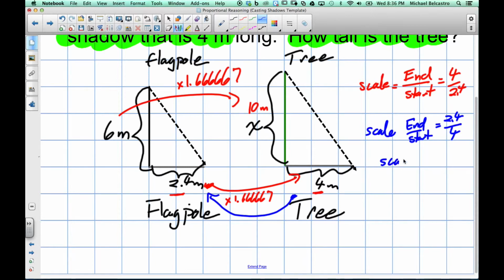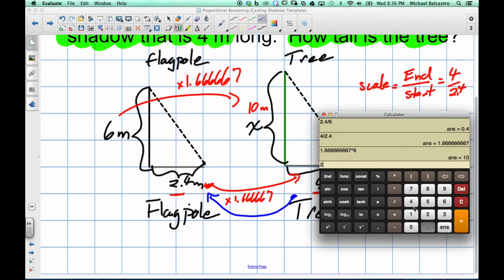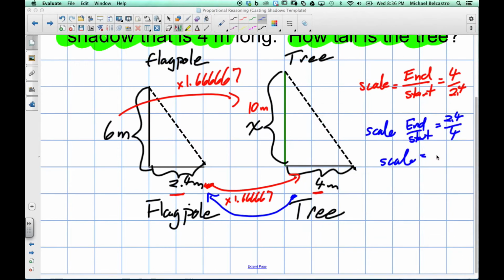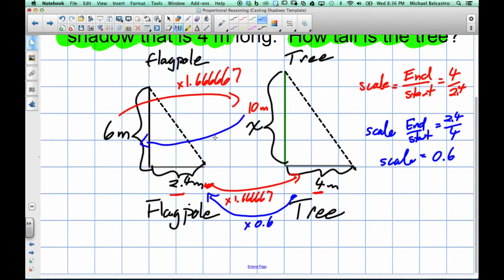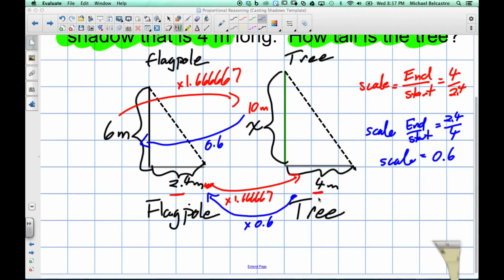So our scale the second time through is 2.4 divided by 4 equals 0.6. If I multiply 4 times 0.6, I'll get 2.4. Let's see if that works here. If we multiply 10 by 0.6, do we get 6? And if you know your multiplication well, you'll notice that that's true. That works. So that scale worked both times.